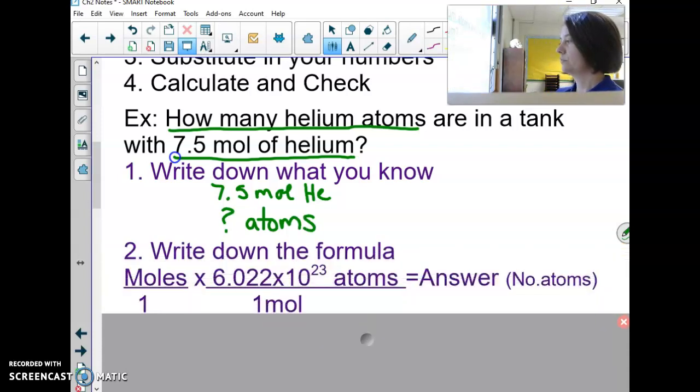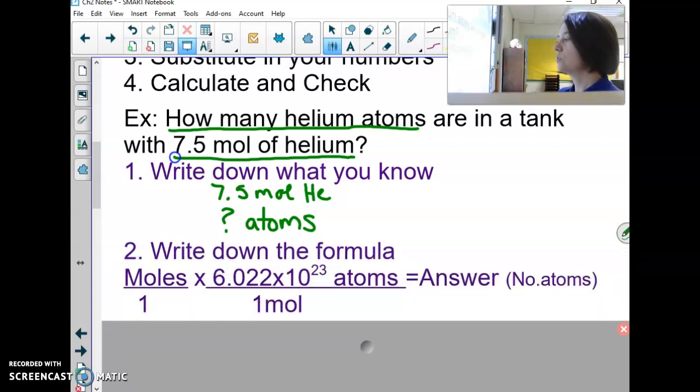So the next thing we do is we write down the formula. Moles over 1 times 6.022 times 10 to the 23rd over 1 mole equals our answer in number of atoms.